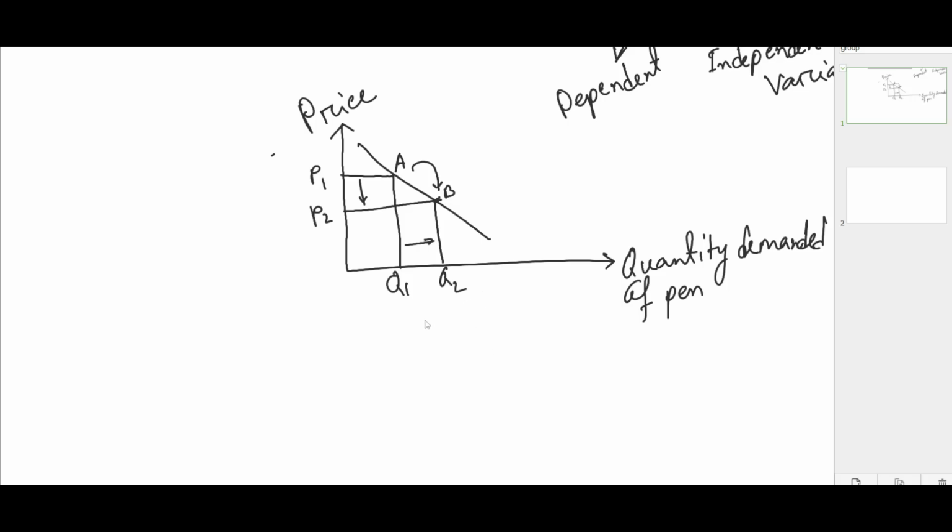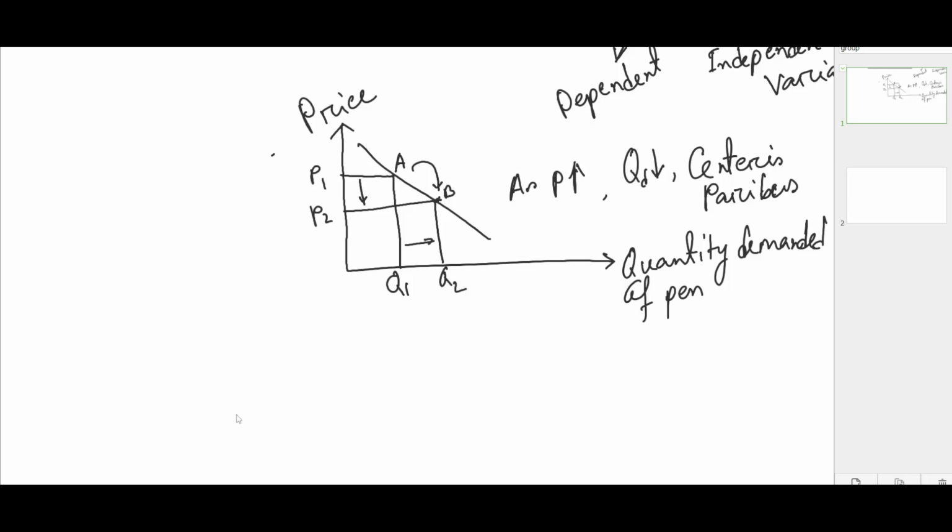This graphical representation shows that there is an inverse relationship between price and quantity demanded. As the price increases, quantity demanded decreases. And we have to write ceteris paribus as well, that the other remaining variables are constant here.